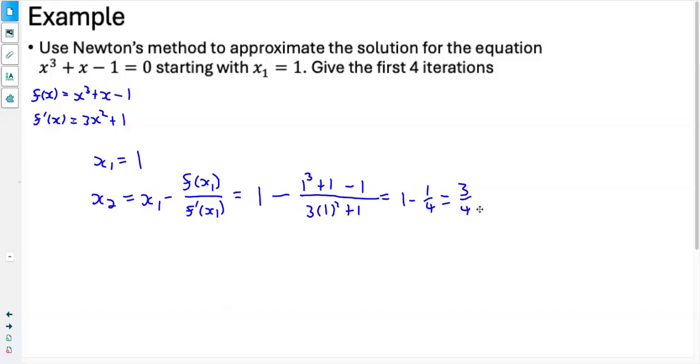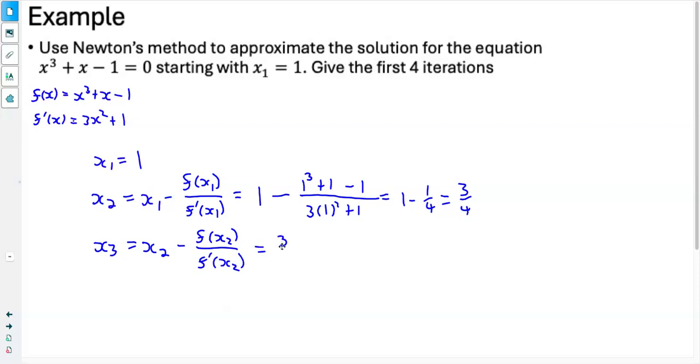Like I mentioned, often we are solving to 5 or 6 decimal places, so we will quickly move away from fractions because we'll often have values that don't work out to nice clean fractions. If that's x2, x3 would be x2 minus f of x2 over f prime of x2.